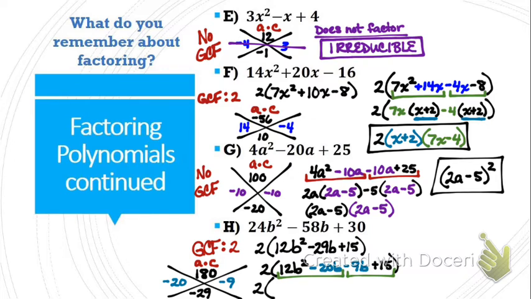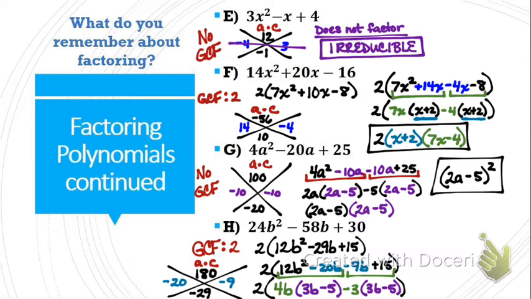I can take a 4 out. Anything else? 4b. And I would have what left over? 3b minus 5. What do I take out of the second group so that I have the same thing remaining? Negative 3. 3b minus 5.